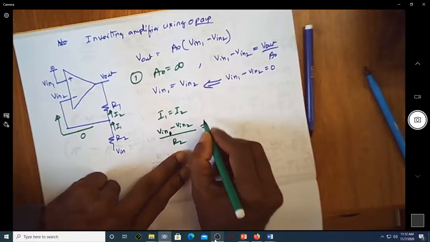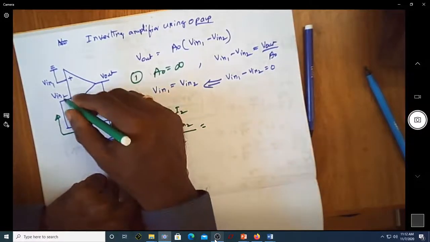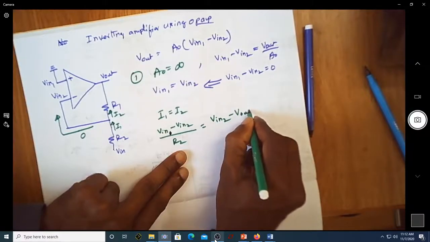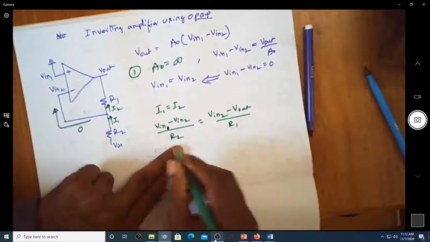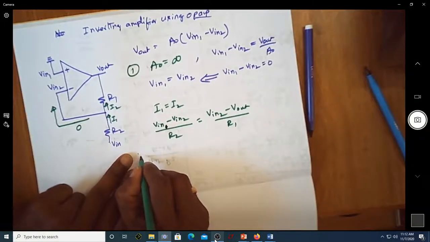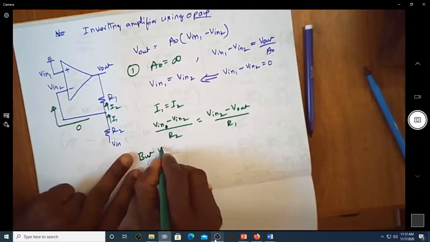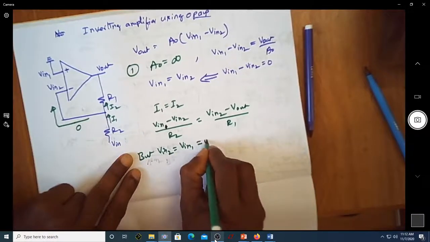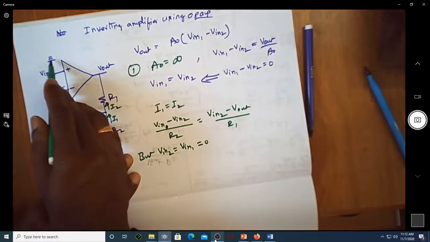And similarly, what is this? This is actually V in 2 minus V out, divided by the resistance R1. But we have V in 2 equal to V in 1, which is actually equal to 0. Can you see here this V in 1 is grounded?